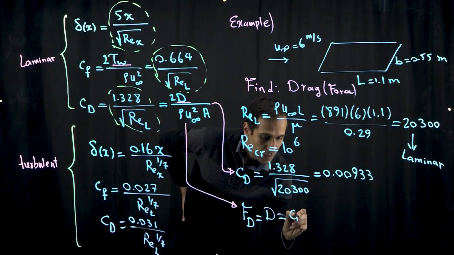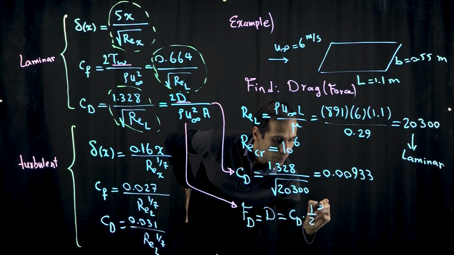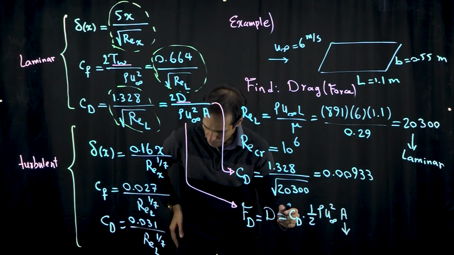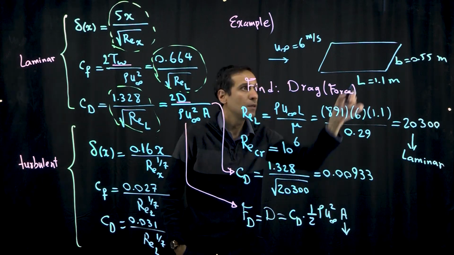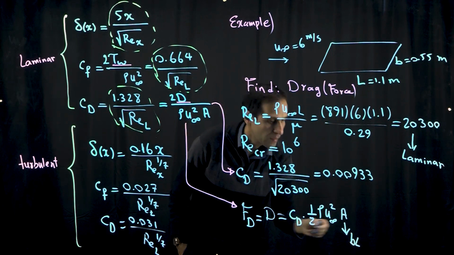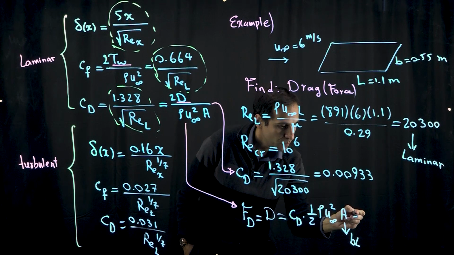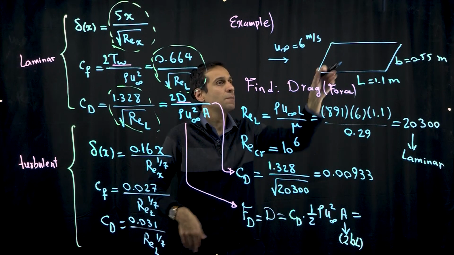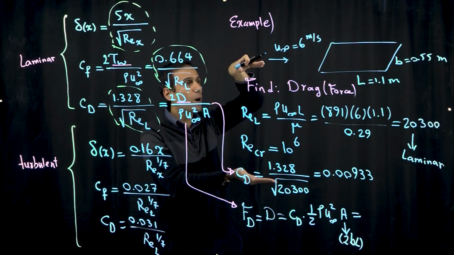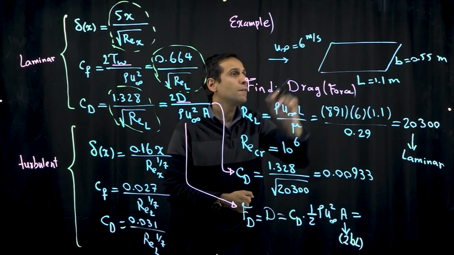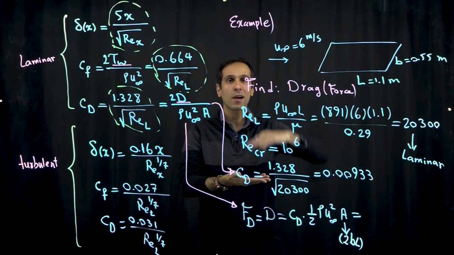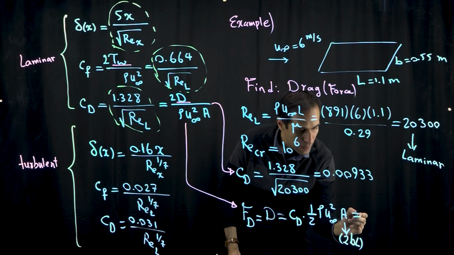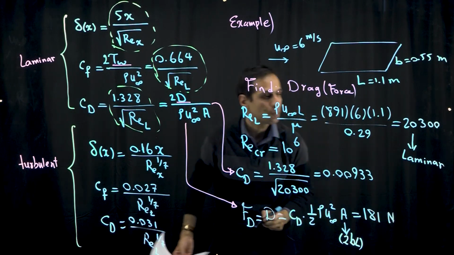Therefore, CD times the denominator, and A is B times L. In that case, actually A is 2B times L, because there is flow at the top and the bottom of the flat plate. So the area is the top area and the bottom area. So when you use these values, the final value would be 181 Newton.